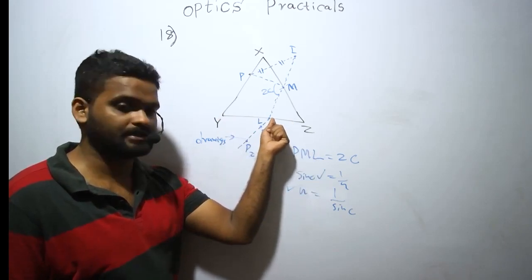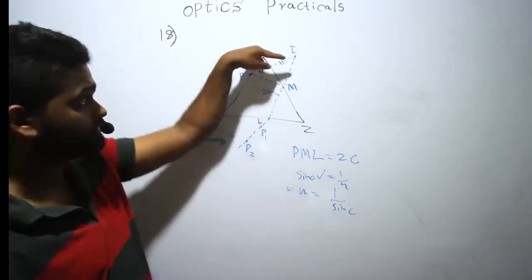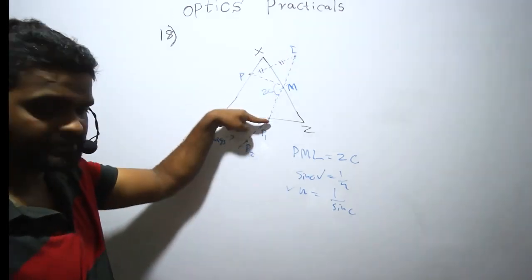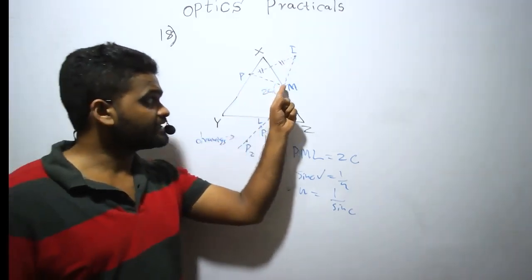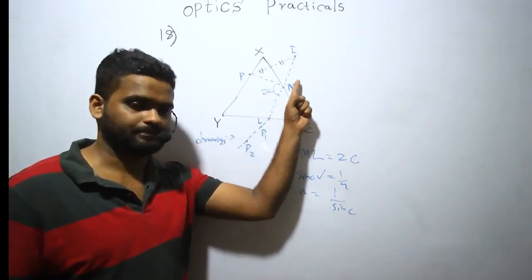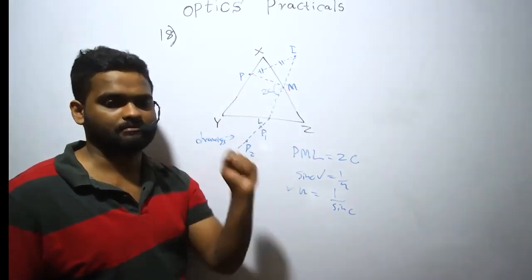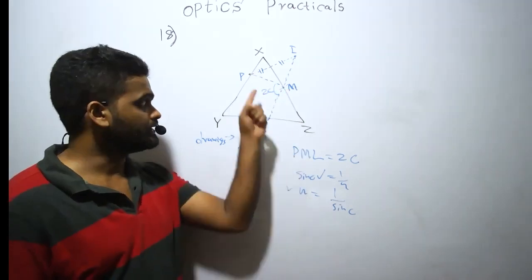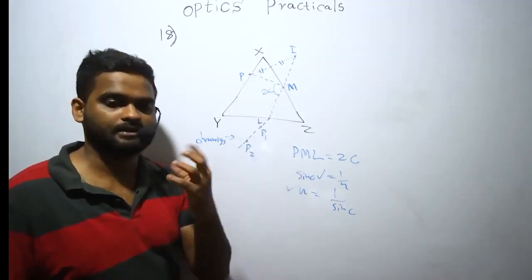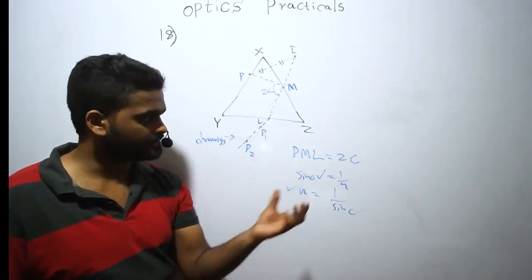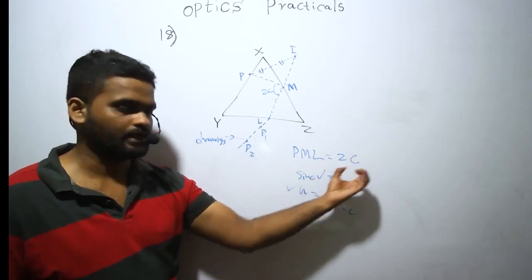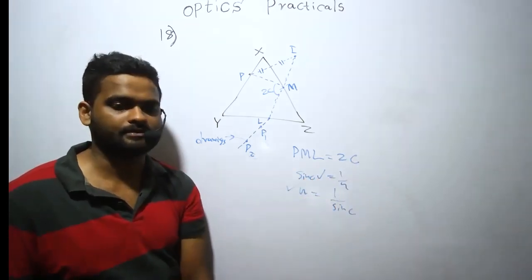Name it as capital L. Then you can draw the IL line. The intersecting point of the IL line is M. Then finally you can draw PM. Understand? Then angle PML is going to be twice the critical angle. Then you can use half of that value to find the refractive index.